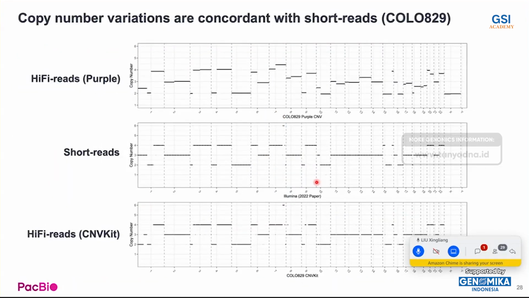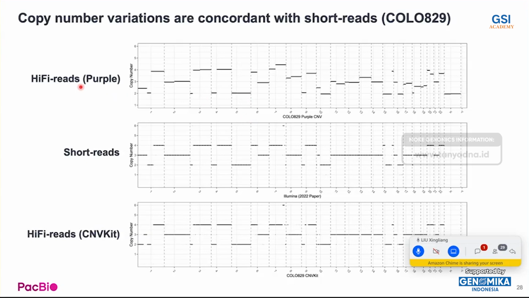Okay, next is copy number variations. The result is similar: the copy number variation derived from our HiFi sequencing data using this pipeline is highly comparable with what we know from the short read sequencing data. We actually use two tools, one called CNVkit, the other one called PURPLE.